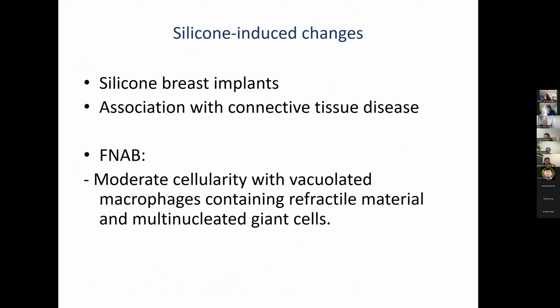It's related to the silicone that leaked out of those implants, and this is the reactive process to silicone. In the past, they thought it was associated with connective tissue disease and with the implants, but at this time there's little literature to support that. They usually tend to have these vacuolated macrophages containing refractile material.